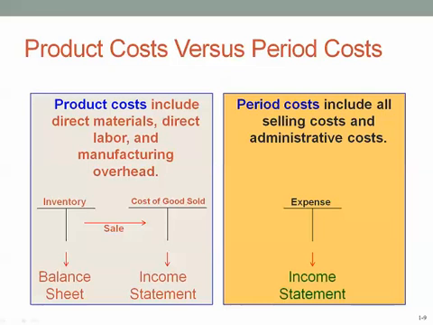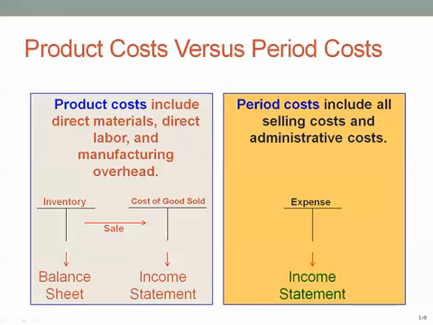All of these costs get recorded on our balance sheet as either part of raw materials inventory, work in process inventory, or finished goods inventory. They won't get transferred to the income statement until we actually sell the product. Our costs will be matched with the revenues they help to generate.